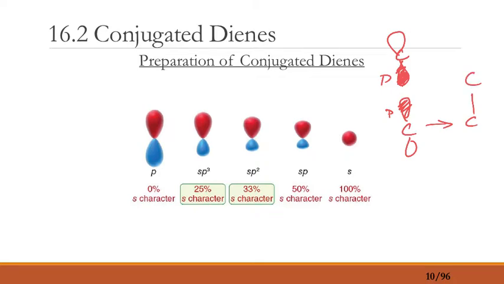And that would be a pretty long bond because it has 0% s character. With sp3 hybrid orbitals, they're a little bit shorter at 25% s character. With sp2, they're 33% s character, so again, they're getting smaller. To sp is smaller, and then if there's like two hydrogen atoms, they're going to be really close together because they have 100% s character.